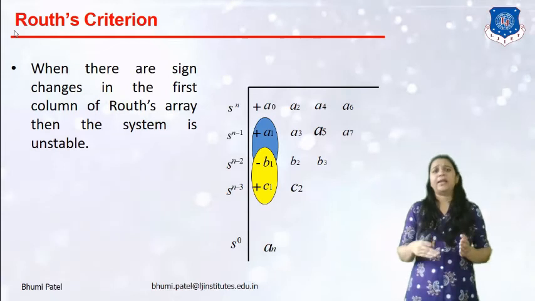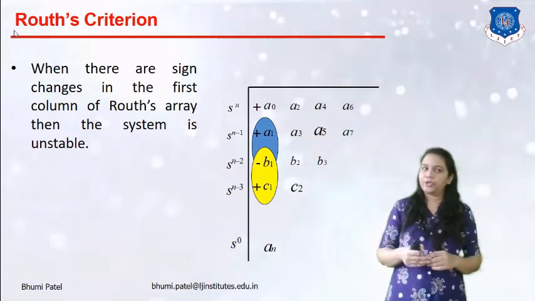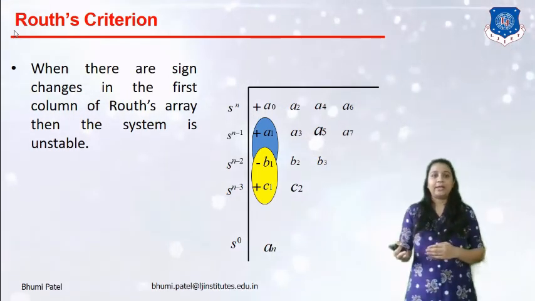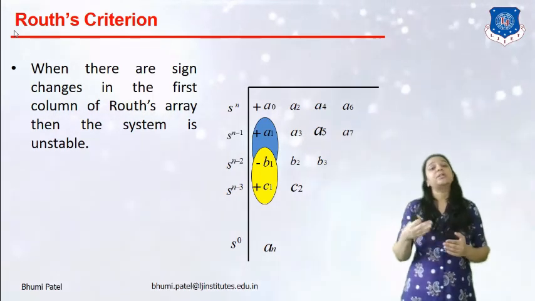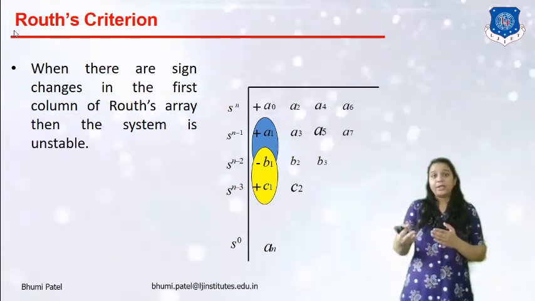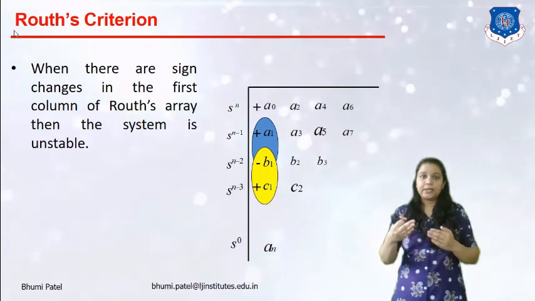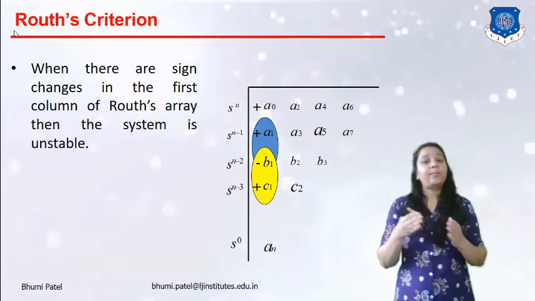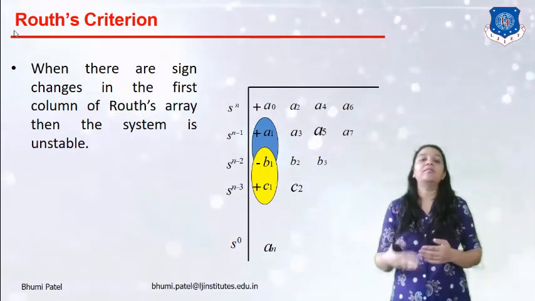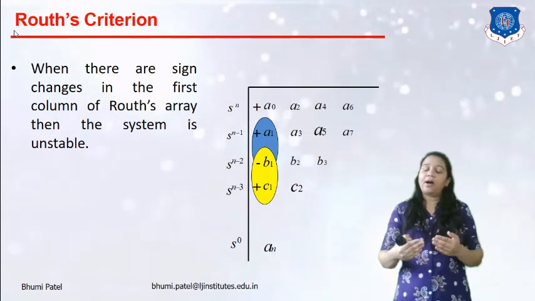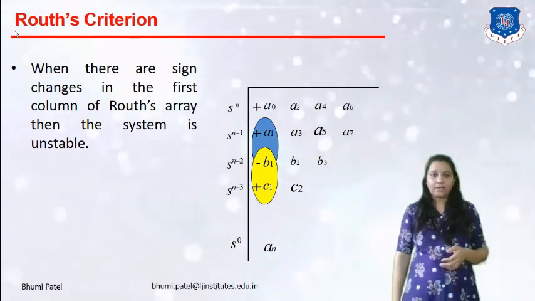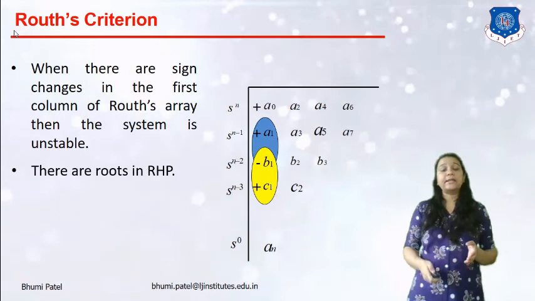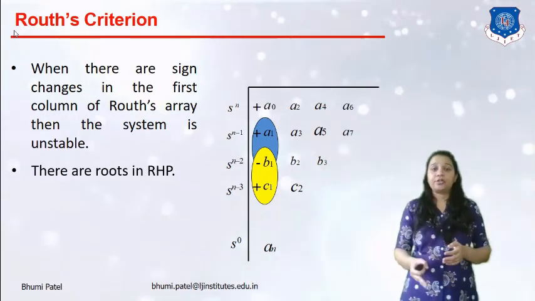Now when there is a sign change in the first column of the Routh array, this type of system is called unstable. Here you can see that a0 and a1 are positive values, but for b1 we get minus, and again for c1 we get plus. So there is a sign change in the first column.